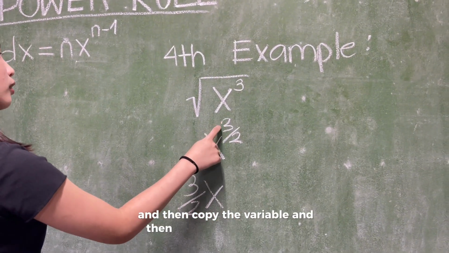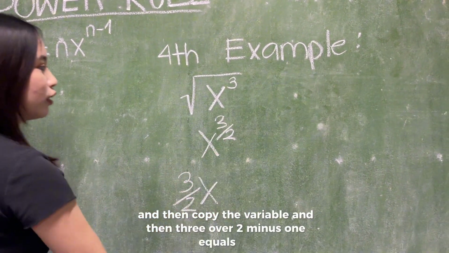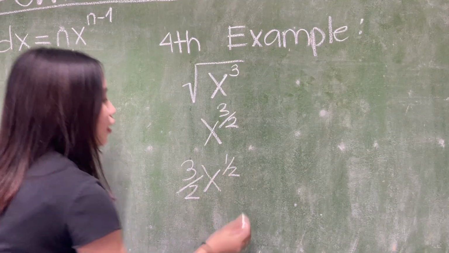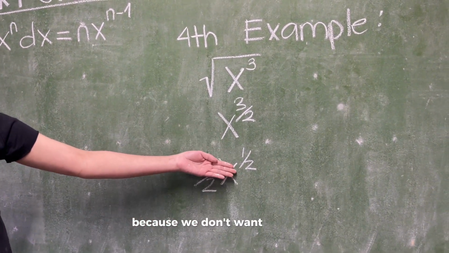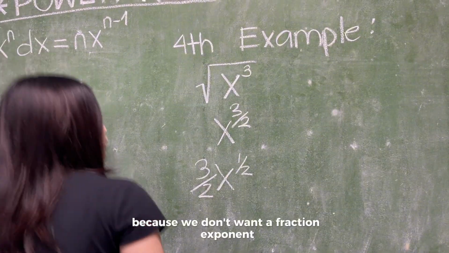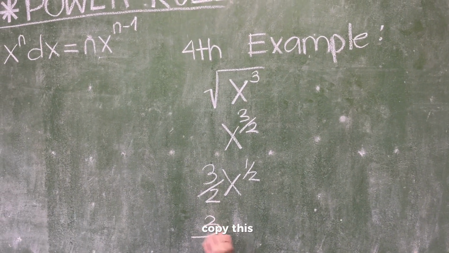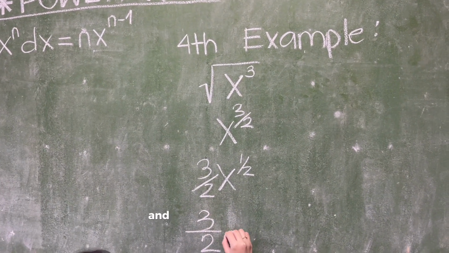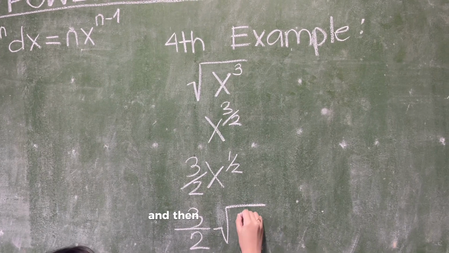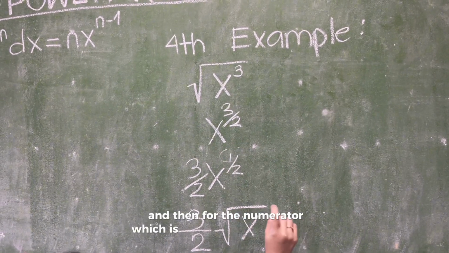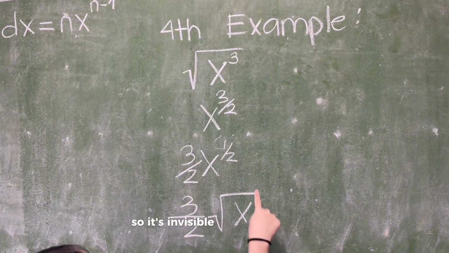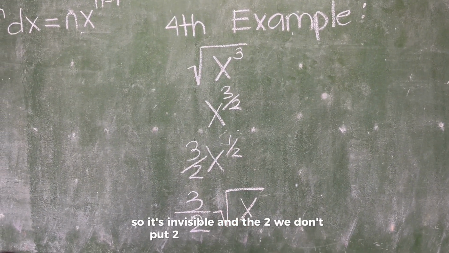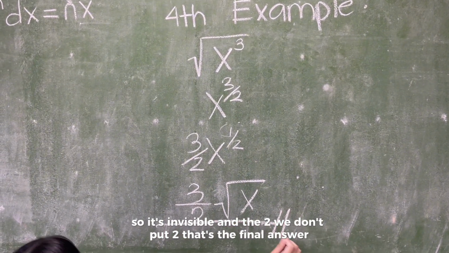Then 3 over 2 minus 1 equals 1 over 2. Then we bring it back to radical form because we don't want a fractional exponent. Copy this, and for the numerator, which is 1, we don't write the 1, so it's invisible. And the 2, we don't write 2. That's the final answer.